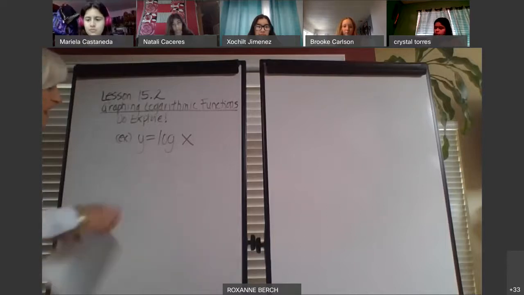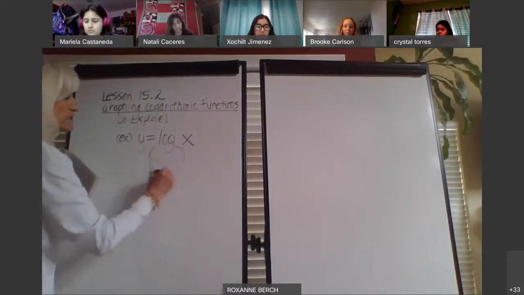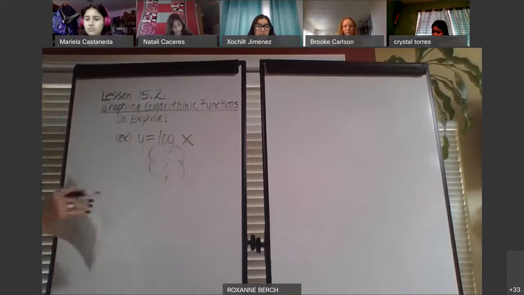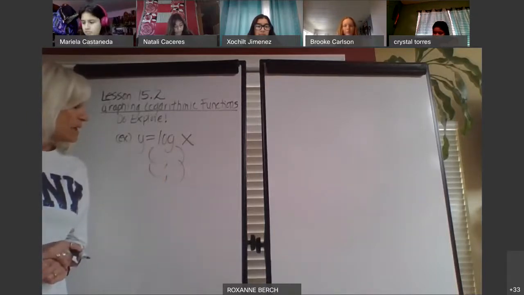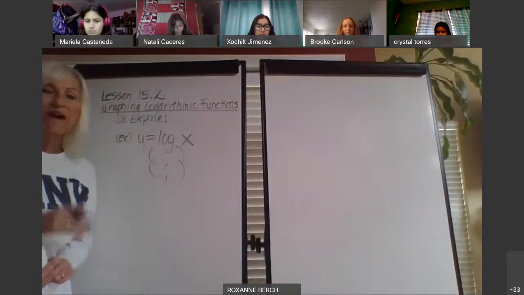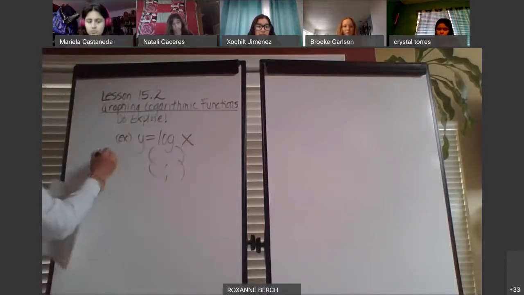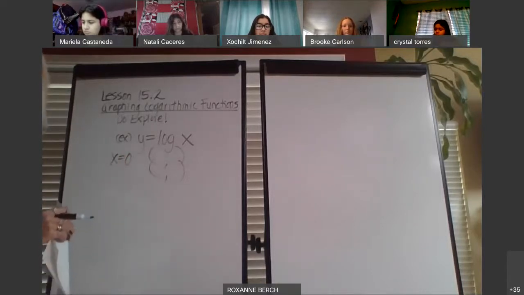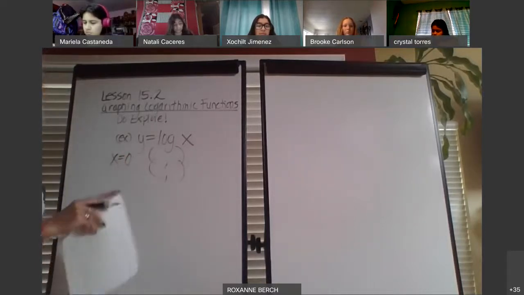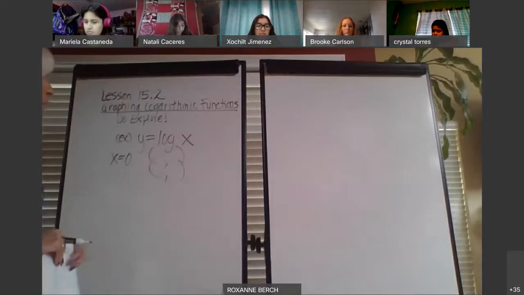So if we were going to find the parent points in order to do the transformation, remember that with the logarithm function, we're going to find 2 points, and you want to remember that there's a vertical asymptote at x equals 0. So that's the information you're going to transform from.